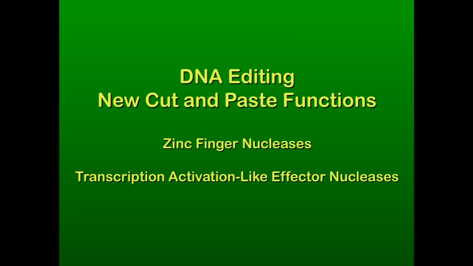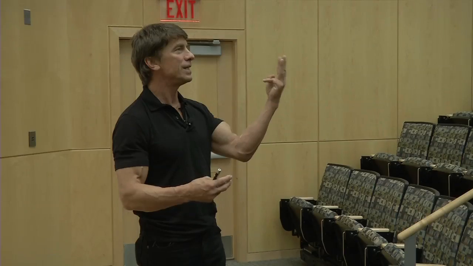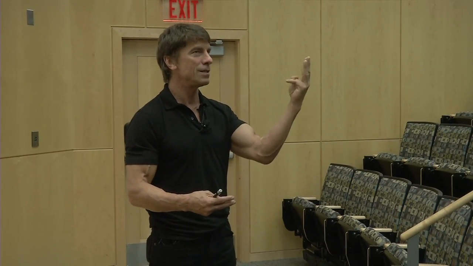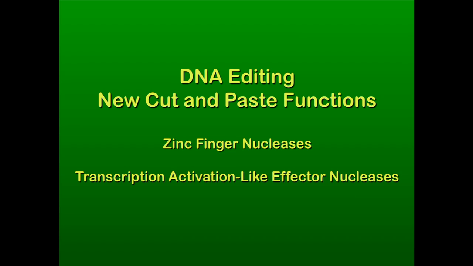One of them is called zinc finger nucleases. I know that sounds bizarre, but I'll show you in a minute what these are. These are DNA binding proteins that are capable of recognizing sequences of 3 bases. And then there are these other ones called transcription activator-like effector nucleases, or we call them TALENs as an abbreviation.